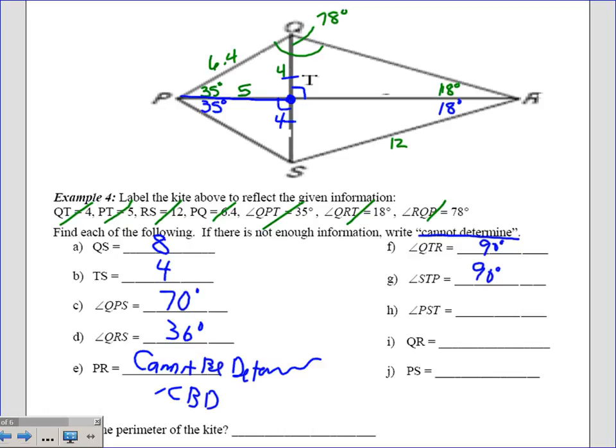Angle PST. Can we figure this one out? The small angle right here. Not half of 78, I can tell you that much. I think we can say this whole thing right here is 78, but I can't tell you how much that small part is, so I think it's another cannot be shown.